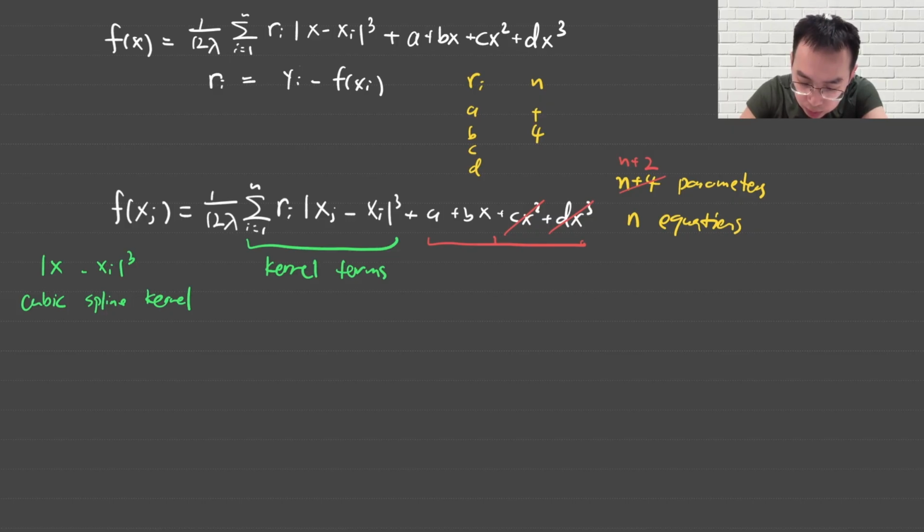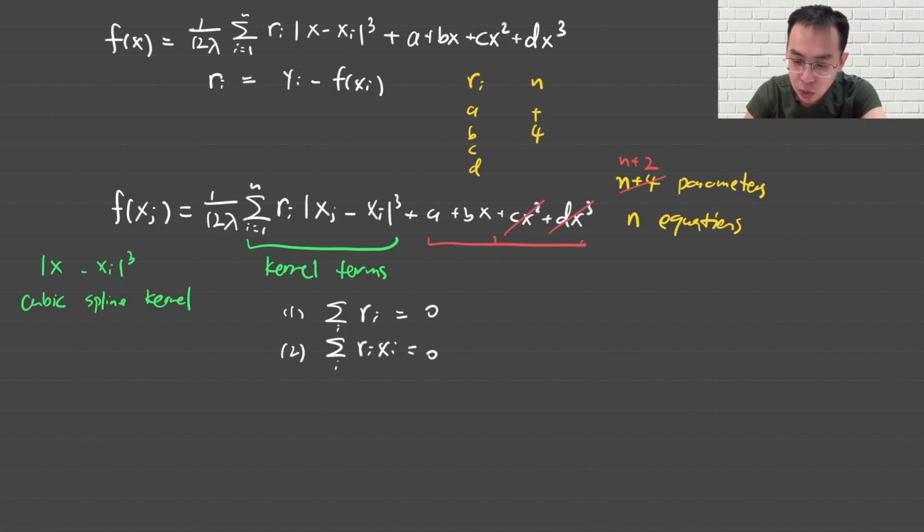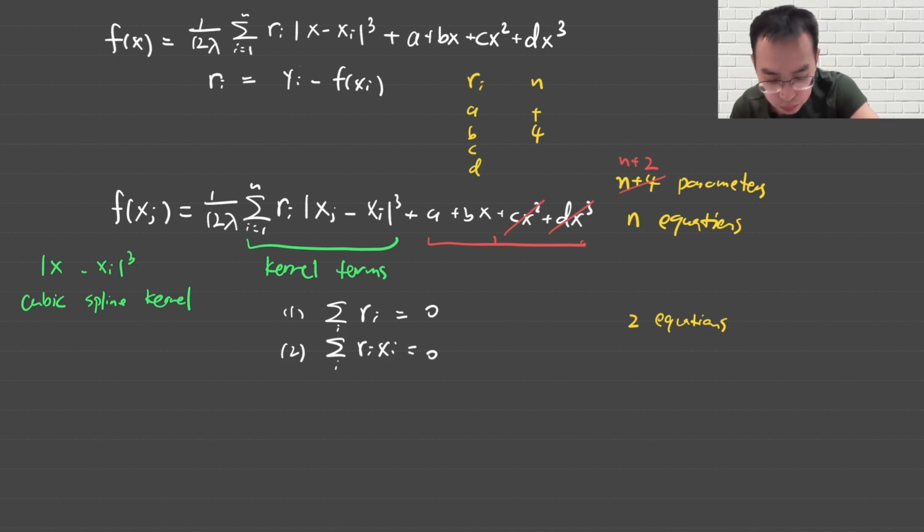The first one is that the sum over i of ri equals 0, and then also the sum over i of ri xi equals 0. So that gives us 2 more equations. Note that there is not one unique way to do it. There are many formulations, different constraints that we can add in here to just make the problem solvable. But this is a common way that we do this.